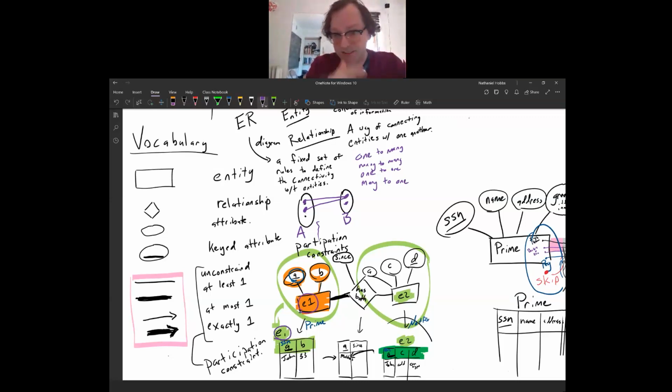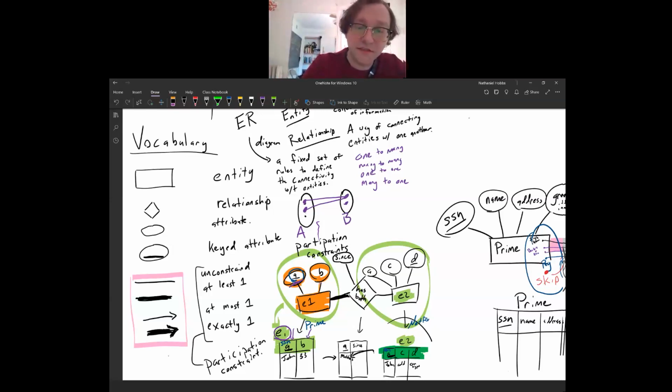That's the name of the entity. The number of attributes are the number of columns, and the names of the attributes are the names of the columns. And the key for the table is whatever the keyed attribute is for the entity.